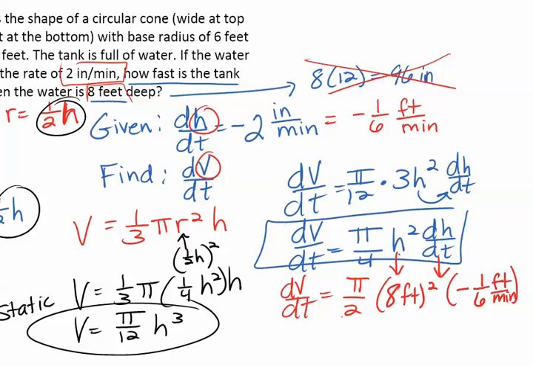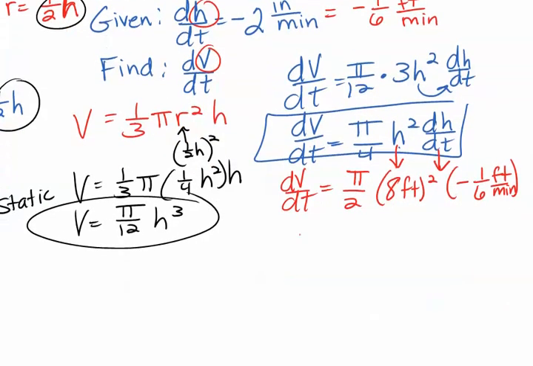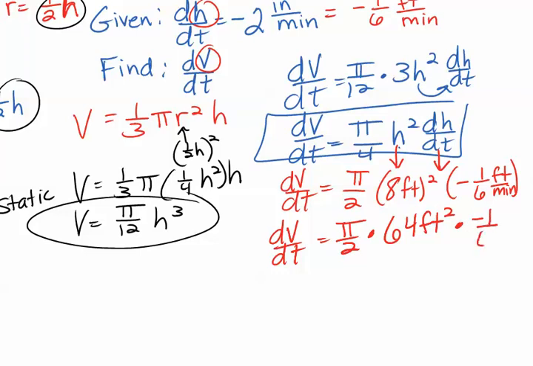So here, let's do some arithmetic. And I want to make sure that as long as we're this far that we're seeing the units, and then we're multiplying by -1/6 feet per minute. So for sure, I wanted everybody to see where we get cubic feet per minute. The units fall into place as we expect.